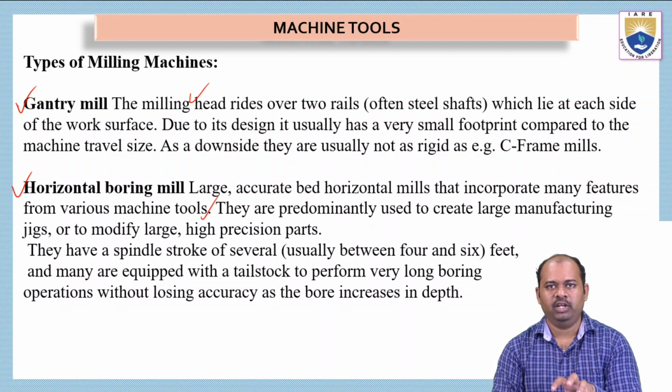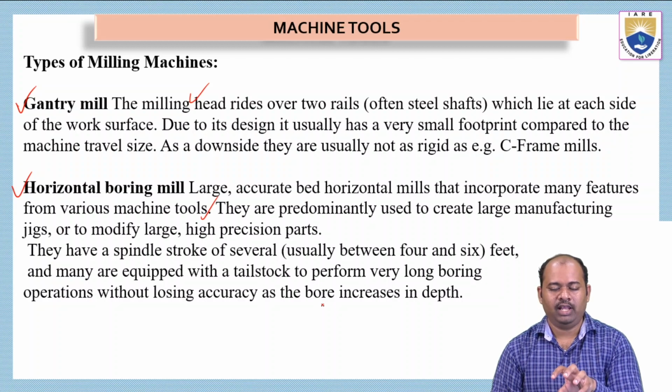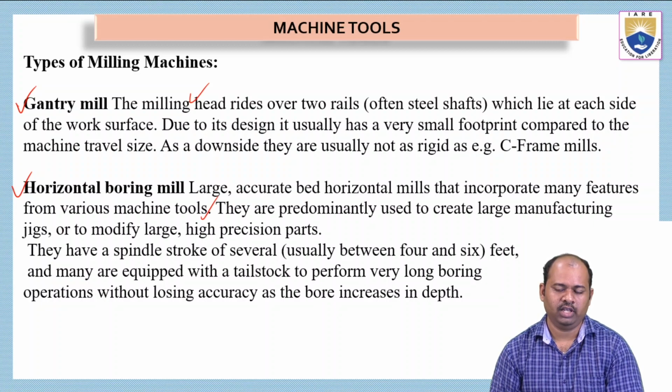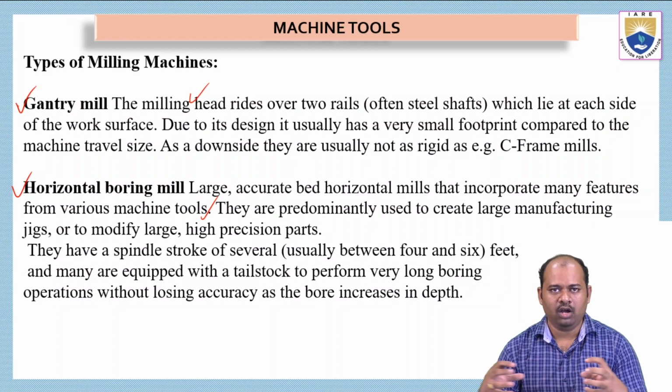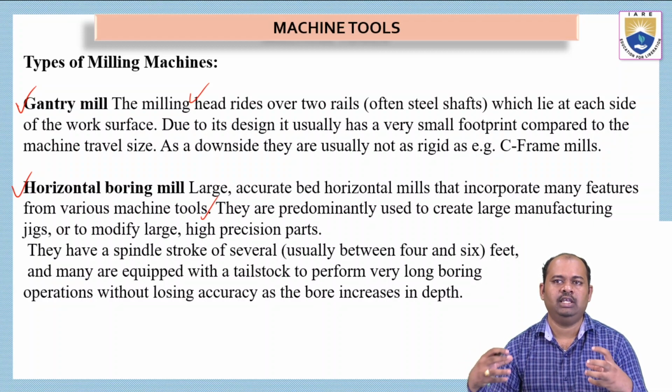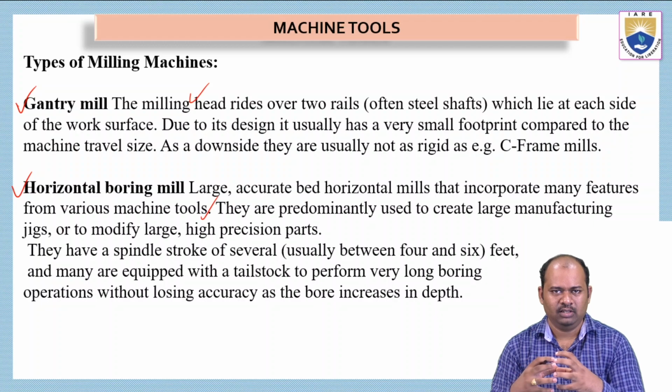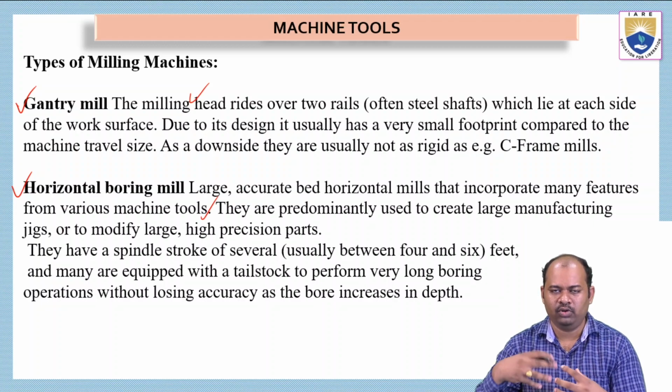For boring particularly, it will have a tailstock which can perform very long boring operations. So that is why this horizontal boring machine is a very good machine for boring long holes without losing any accuracy, because long holes will have more depth.